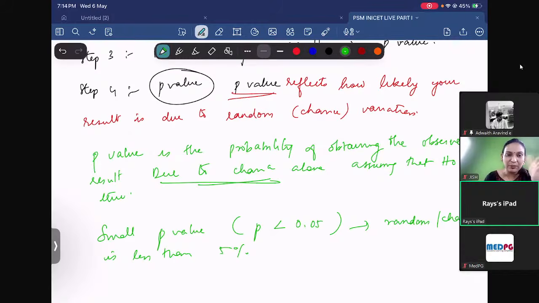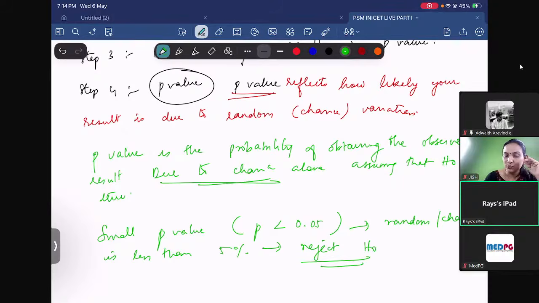That means 95% of the time it might be due to the real effect. Only 5% is chance. That is actually permissible. I cannot make it 0% chance. So less than 5% is something I'm okay with. In that case, your study is actually valid, or you reject your null hypothesis.